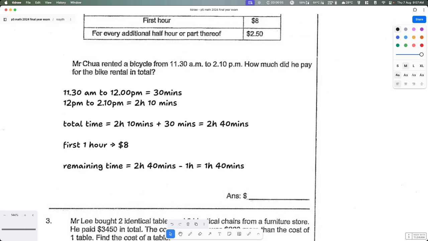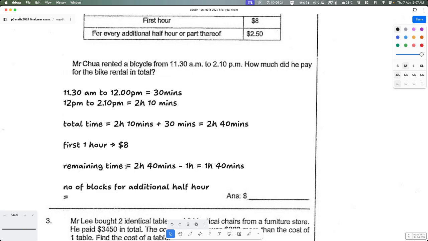Okay, and then number of blocks for additional half hour, right? So we want to convert 1 hour 40 minutes.